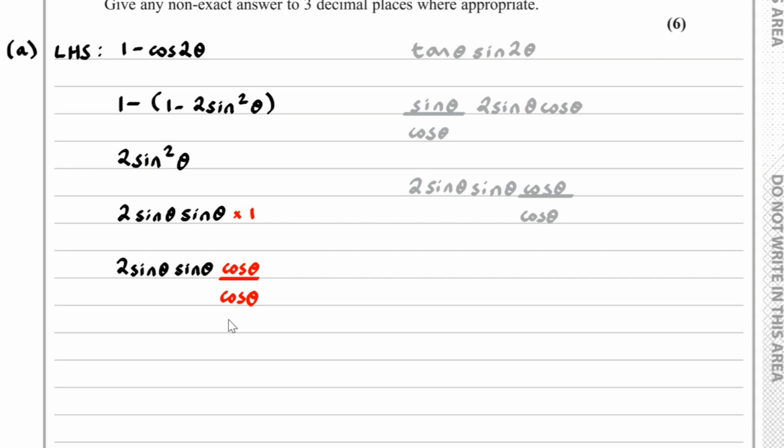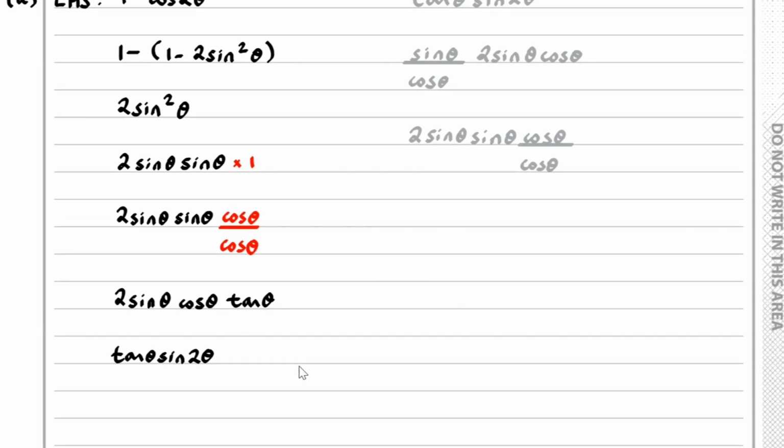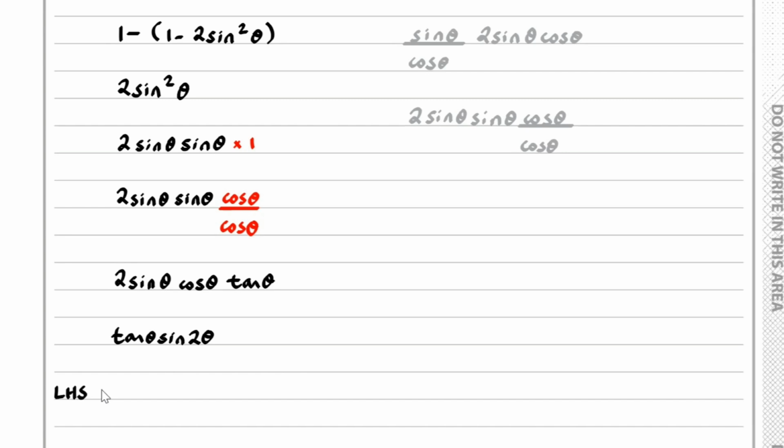And what we'd end up with then, recognizing that sin theta over cos theta is tan theta, we end up with over here 2 sin theta cos theta times by tan theta, which is the same as tan theta sin 2 theta. And that's exactly what we wanted to show. So the left hand side is equivalent to the right hand side, hence shown.